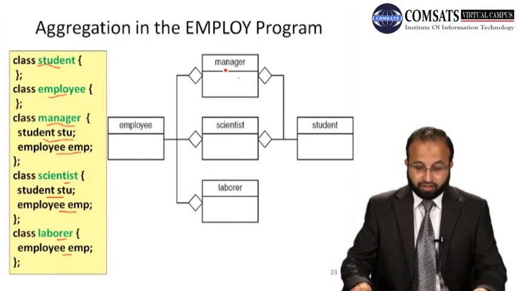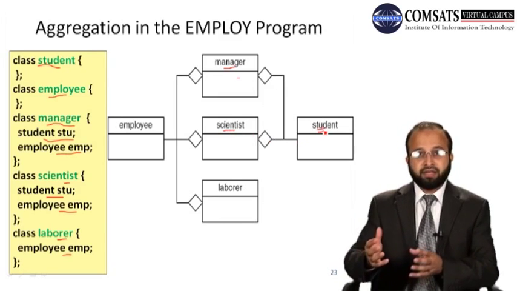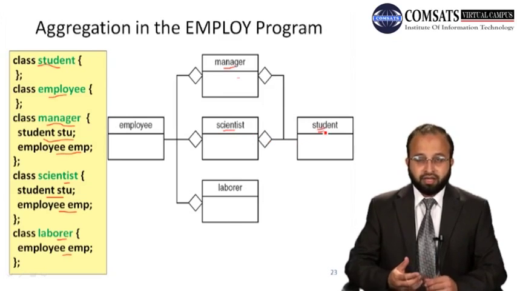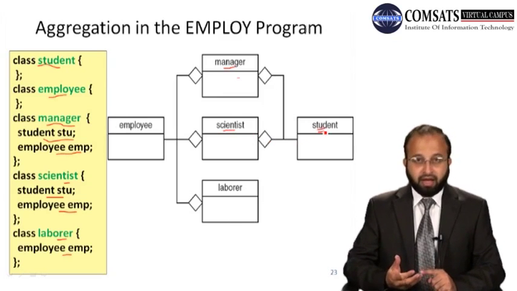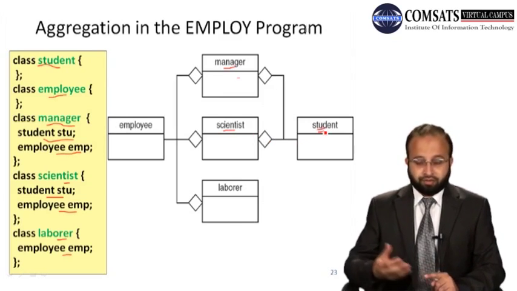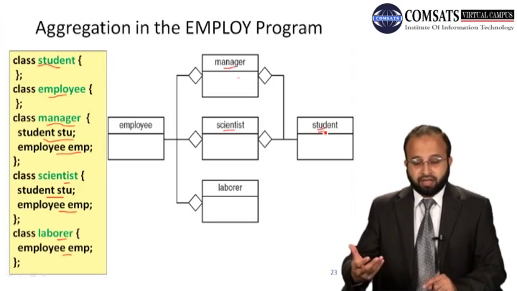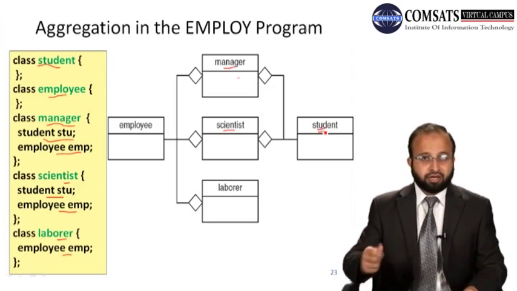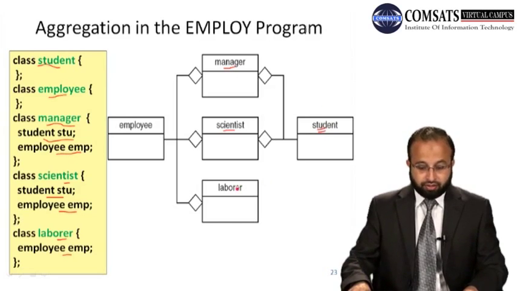So you can read it out. Manager has student, scientist has student. Basically the student class represents the educational record, okay. Name of school, highest degree earned, so it represents those. Or you can say that it is basically the education class, right? So scientist has an education, right? So if we name it education, then it is more convenient to speak out like this.